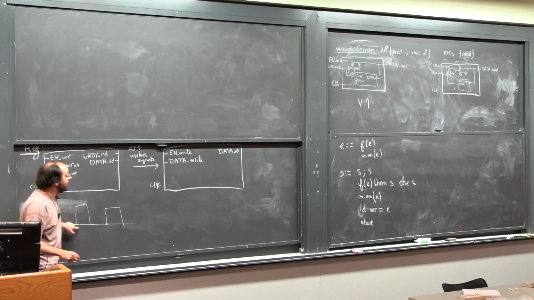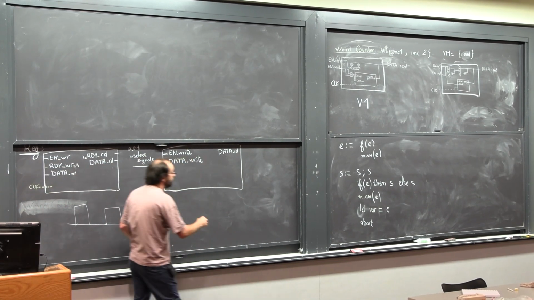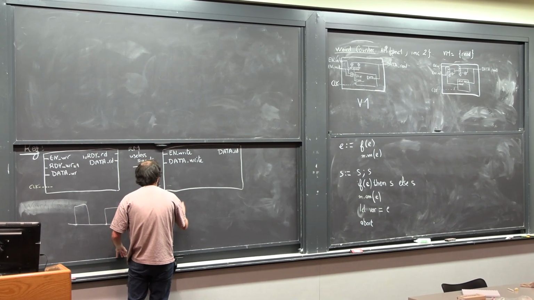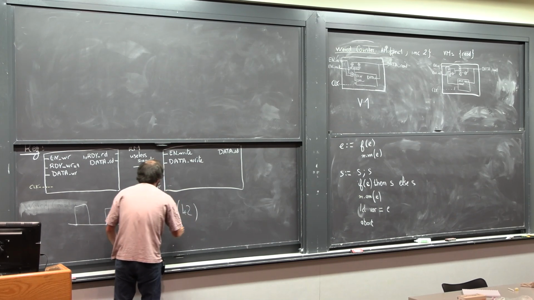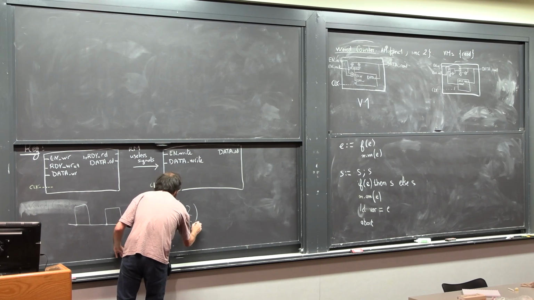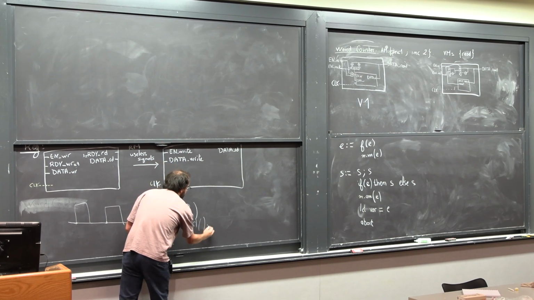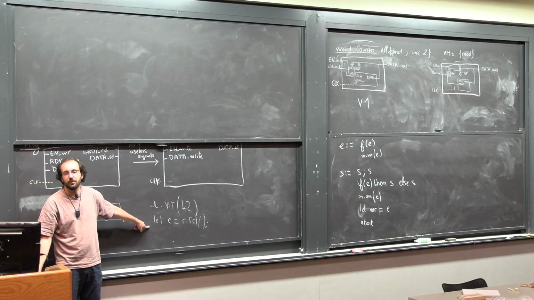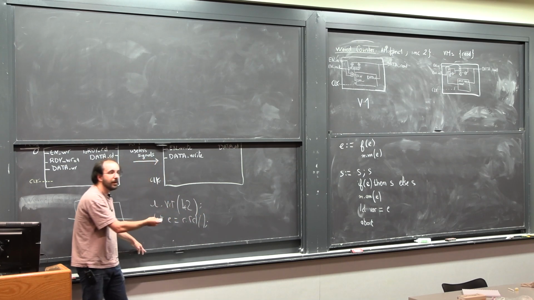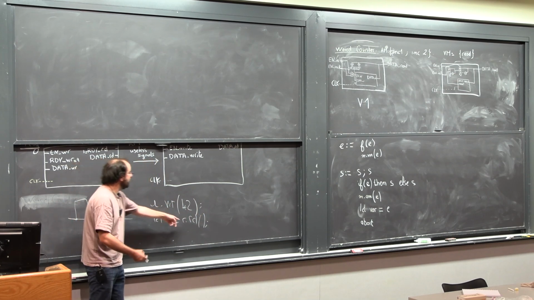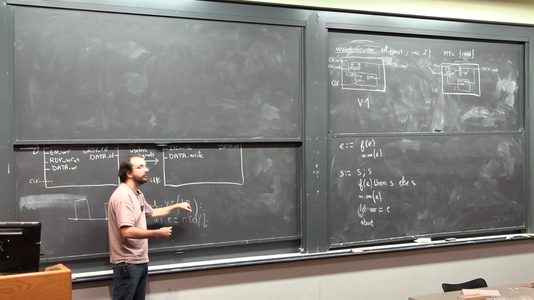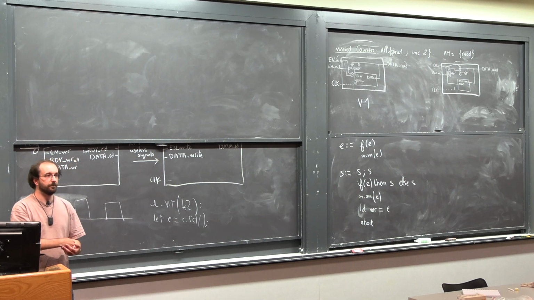Why is it gonna be a problem? Because in my language, if I write a program where I have a register, and I try to write 42 to it, and then I do a let e equal r.read, then this is not gonna have the behavior that you're expecting by the semantics of semicolon, of composition, because if I just try to look at the value that is on the wire of read, I'm not gonna see the value that was just written, I'm gonna see the old value, okay?